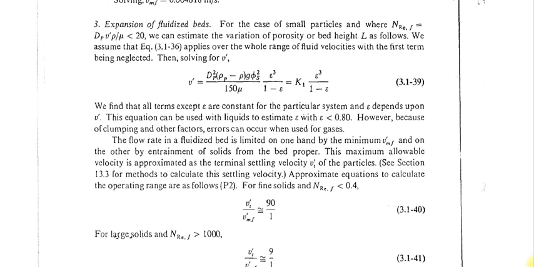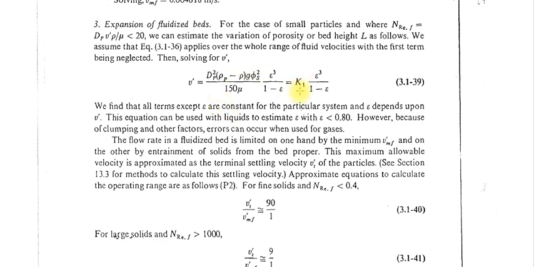Now in this term expansion, if you have laminar flow, then V dash can be represented as follows. I have already told you that the first term can be neglected when the Reynolds number is less than 10, and when you have laminar flow, V dash can be calculated by this formula, and these are all constants.